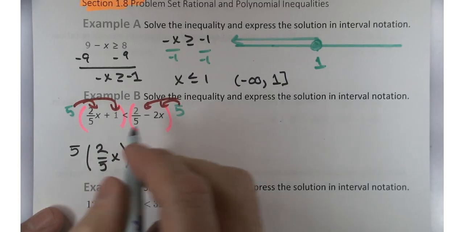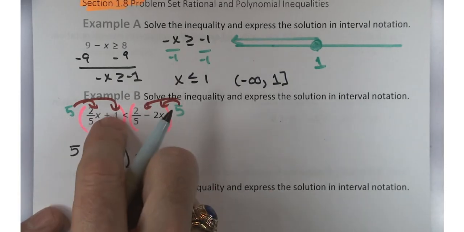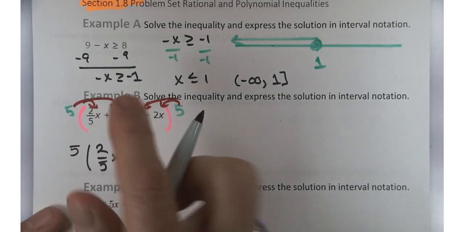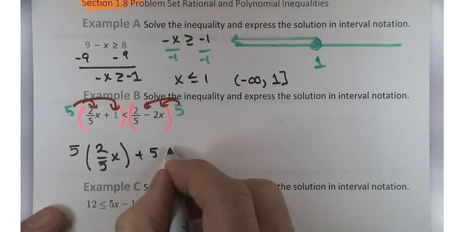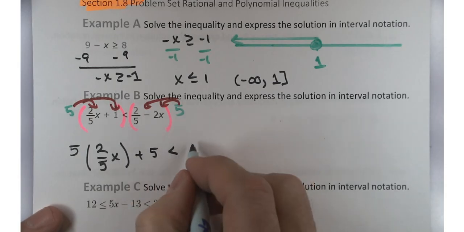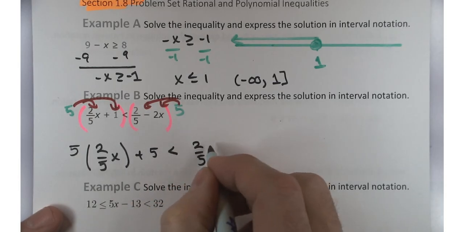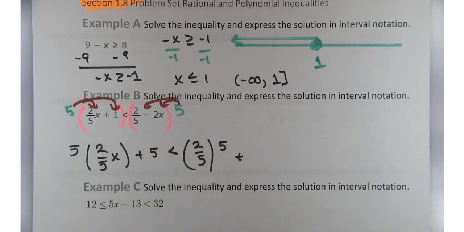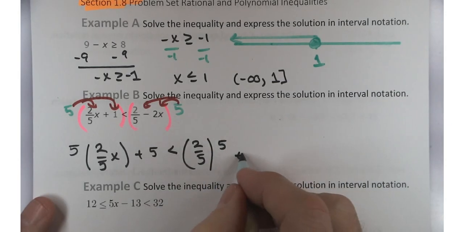It's easy to forget that the 5 has to multiply the 1 because you're like, oh, well, I don't need to cancel any fractions there. But it still needs to distribute itself there. So a 5 is less than 2/5 times 5, minus 10x.